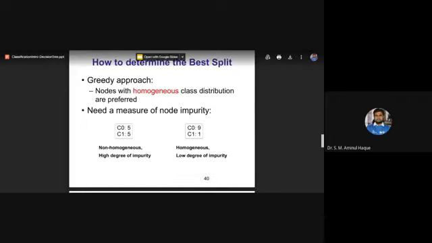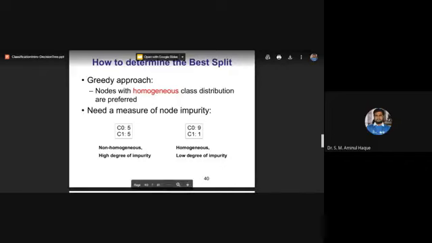So in terms of learning, I would like to ask you a question: which type of data set is good in terms of learning, heterogeneous or homogeneous? You apply a machine learning model, and if the model learns from heterogeneous data, it will learn well, or if it learns from homogeneous data, it will learn well.